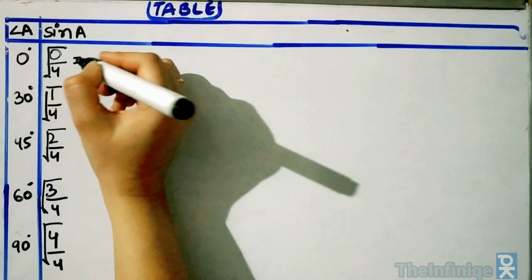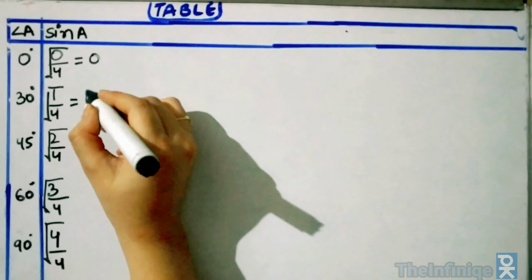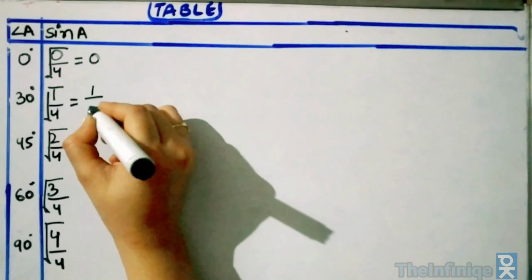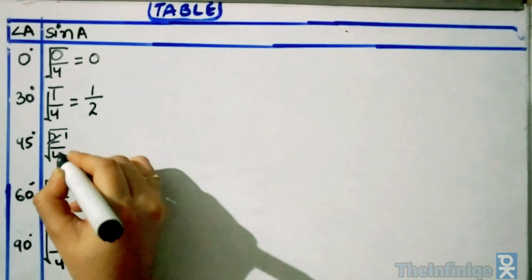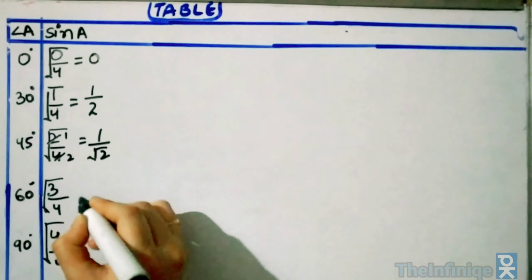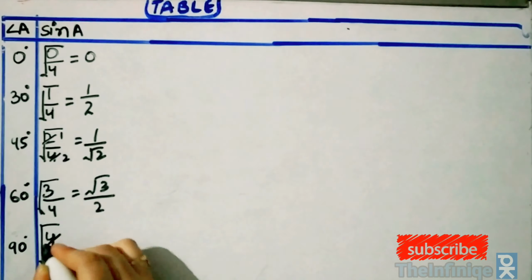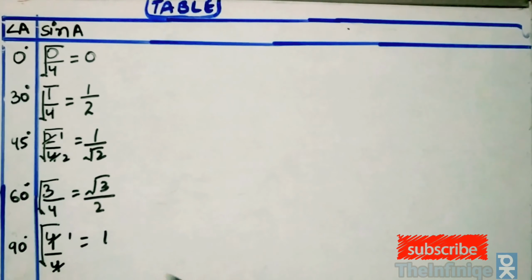So root 0 by 4 is 0, root 1 by 4, root 1 is 1, root 4 is 2, this cancels, it is equal to 1 upon root 2, it is equal to root 3 upon 2, root 1 is 1.